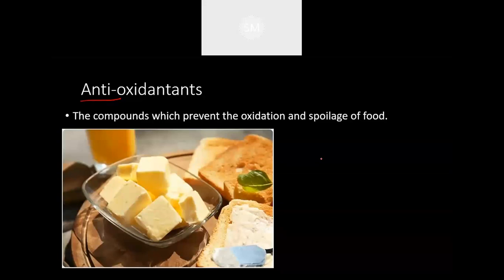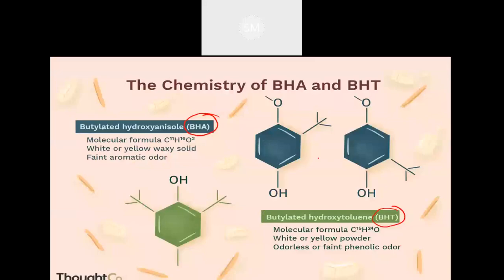Okay, example you can write down: BHA and BHT. BHA is butylated hydroxyanisole. BHA, at least you remember. BHA and BHT. Other things are not required.